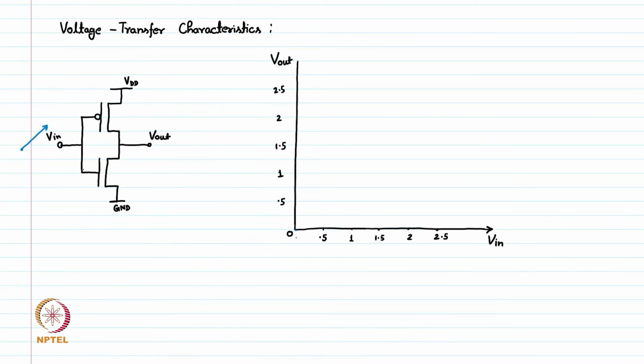At 0 level, this NMOS is off and the PMOS is completely on and is in resistive region.